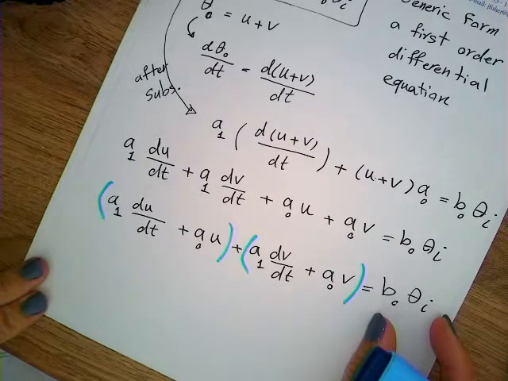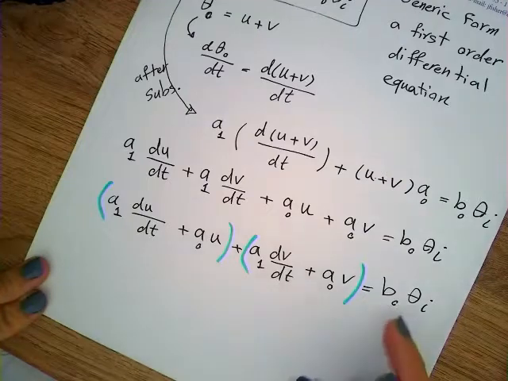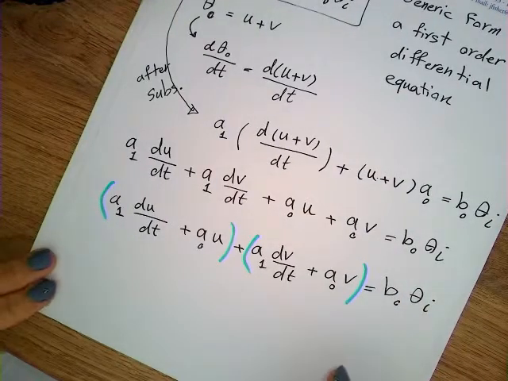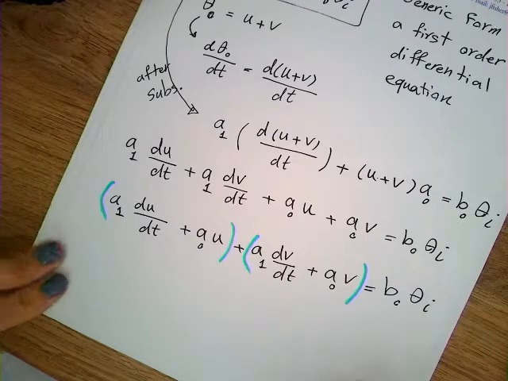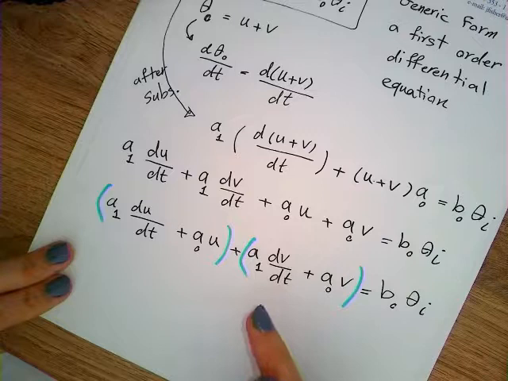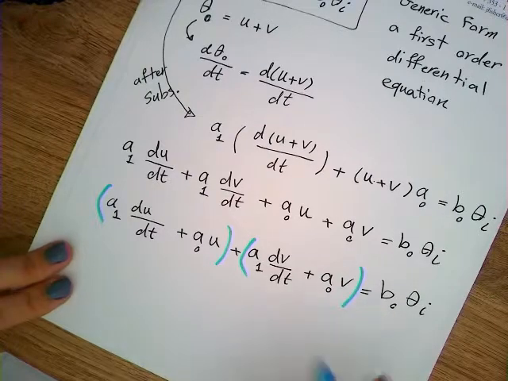Now I can have this assumption. I'm going to say one of them is equal to 0 and another one is equal to whatever I have on the right side. And for this example, I'm going to say that my A1 dv/dt plus A0 v is equal to what I have on the right side.